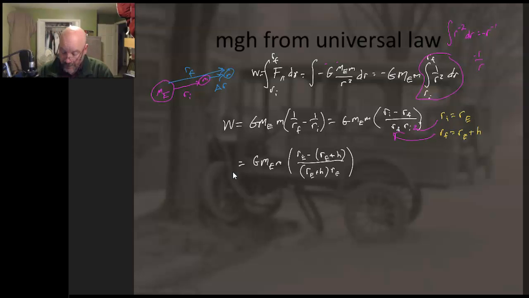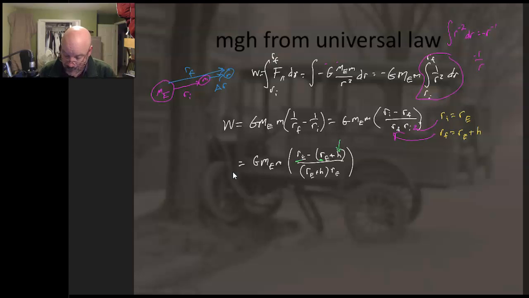Now, check this out on top. I've got RE here, minus RE here, which is going to give me my H there. I mean, that's the only thing that's going to survive.